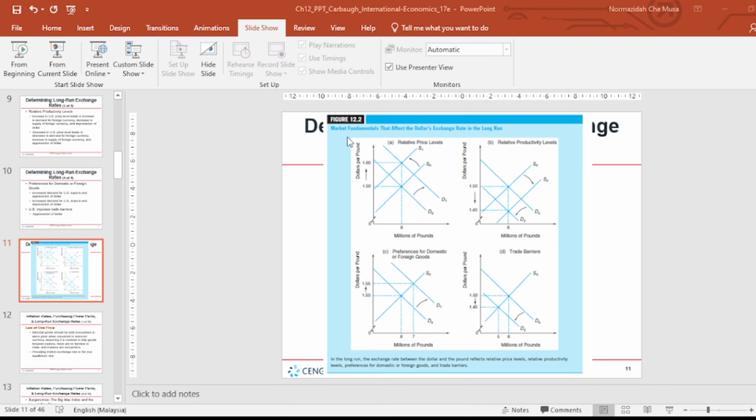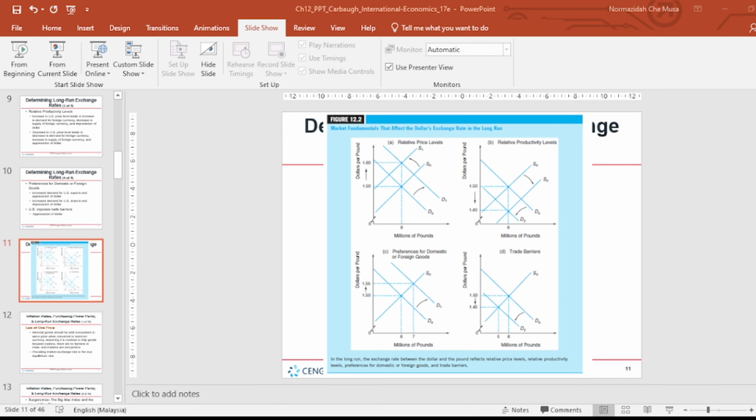Okay, first we look at the relative price levels. Suppose there is an increase in the price level in the United States. So that increase in the price level will make products in the United States relatively more expensive, and that will deter exports. On the other hand, imported goods will be cheaper, and as a result, Americans will buy imports from, in this case, the UK.